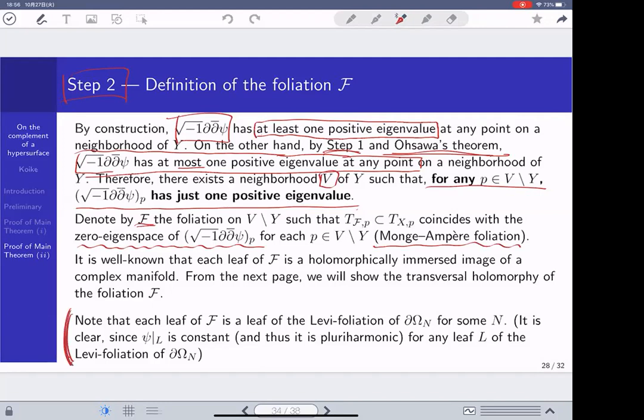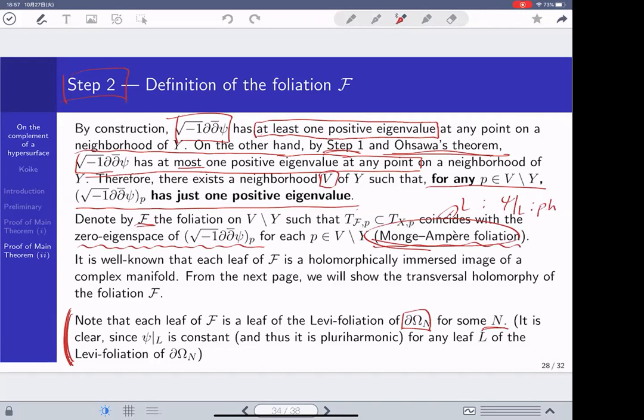Note that each leaf of F is a leaf of the Levi foliation of the boundary of omega n for some n. It is clear because a leaf of the Monge-Ampère foliation is the direction such that, if L is a leaf, then psi restricted to L should be pluriharmonic.